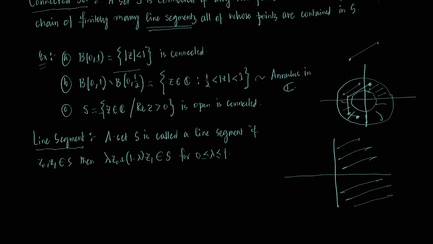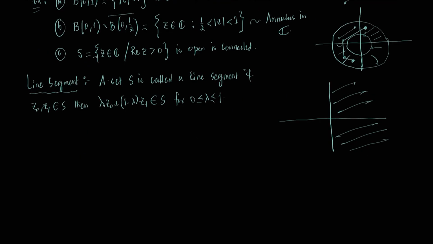So you have finitely many line segments, you can join any 2 points using them, and that definition we are going to use for a connected set. We are going to modify this definition later, basically with a path, but right now we have not defined what a path is, so we will do it later.